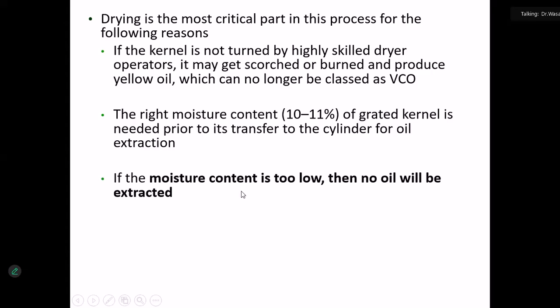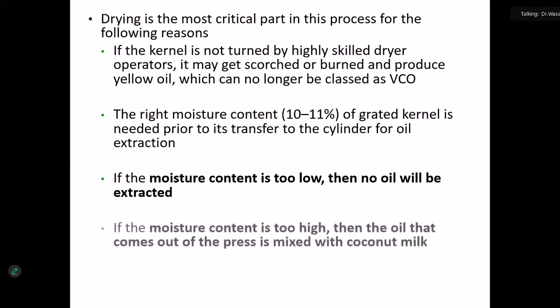If the moisture content is too low, what happens? Less than 10 to 11, no oil will be extracted. The low pressure is not enough to take the oil out. Second, if the moisture content is too high, then what happens? The oil that comes out is mixed with coconut milk, that means water.